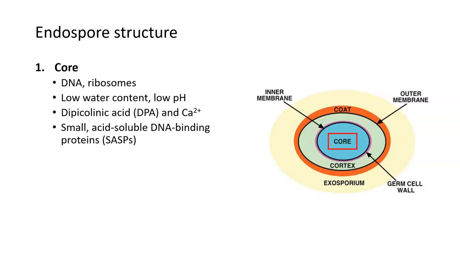Inside the core, the water is removed, so there's a very low water content and a very low pH. It's an acidic environment. There are also molecules, dipicolinic acid, calcium, and small acid-soluble DNA binding proteins, or SASPs, that help keep the DNA inside the core from denaturing under any of those extreme stresses that the endospore is resistant to.